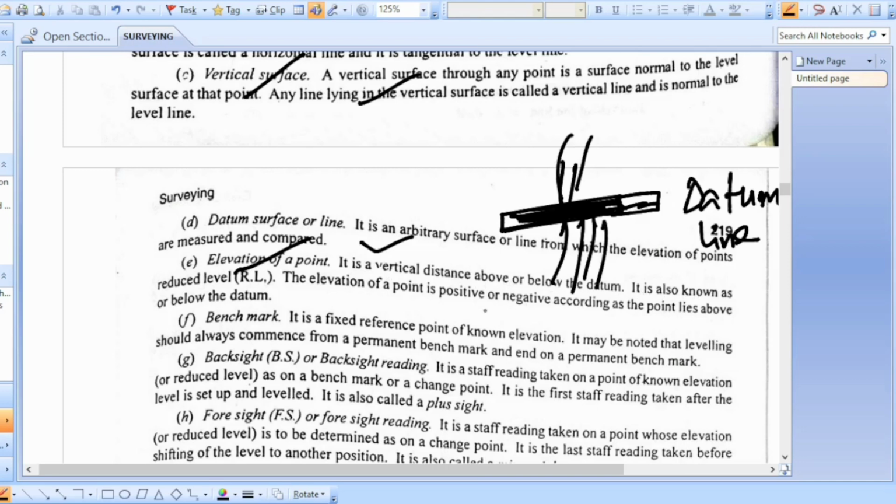It is also known as reduced level. इसको reduced level, RL भी बोला जाता है.